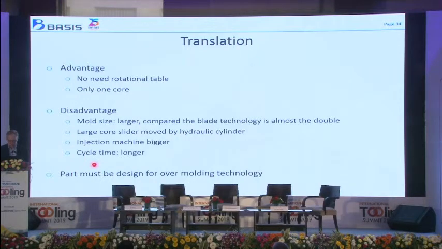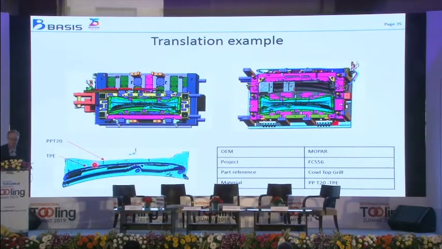The part must be designed for overmolding technology. Here an example. OEM is Mopar, project FC556, also cowl top grill, material PPT20 and TPE. Here you can see the big slider, the big core which will move to the upper position.